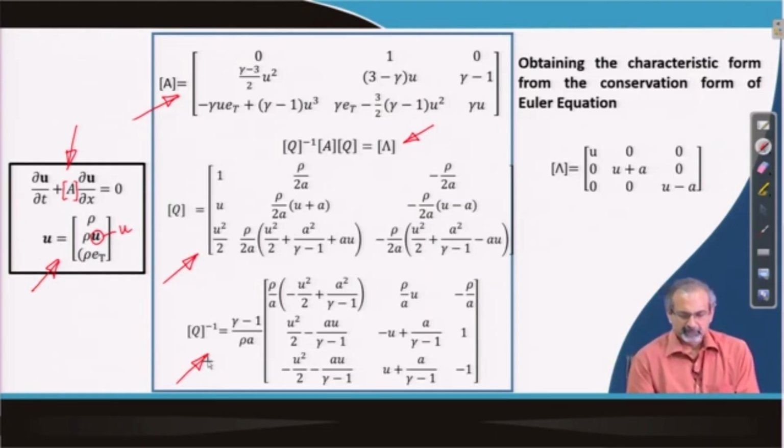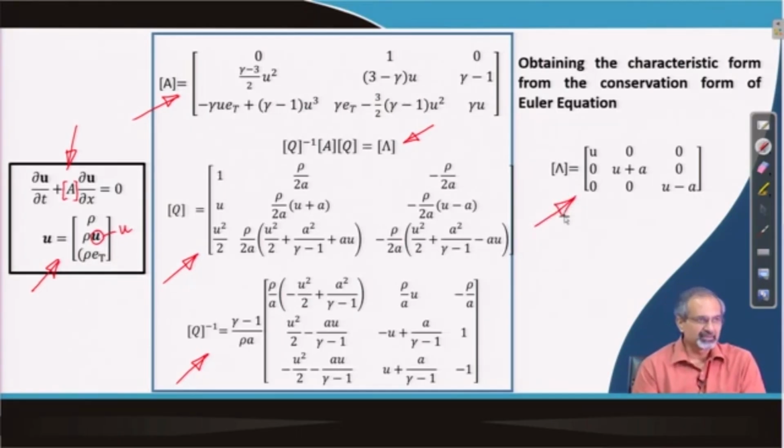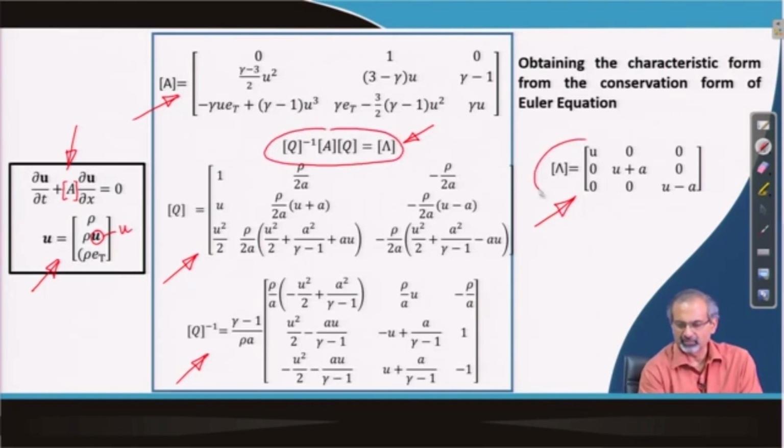If you obtain the characteristic form from the conservation form of Euler equation, you can show that the capital lambda matrix, which is the diagonal matrix on the right hand side of this equation, takes up this form.